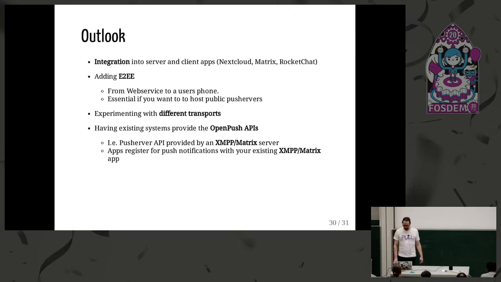So why couldn't we use this connection and just implement the push server API on your XMPP server as a plugin and include a library in your XMPP client that would allow other apps to register for push notifications using the same APIs. And then, well, you have one less connection and hopefully longer battery life.